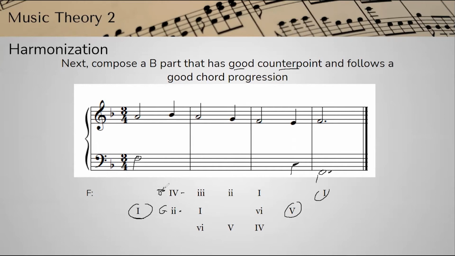All right, so we could pick the 2 chord, in which case we would move up to the note G, because you always want to move either by step or a leap of a 5th or a 3rd, right? And so that would work, but again, that creates similar motion between the two voices. So maybe that's not the best choice.